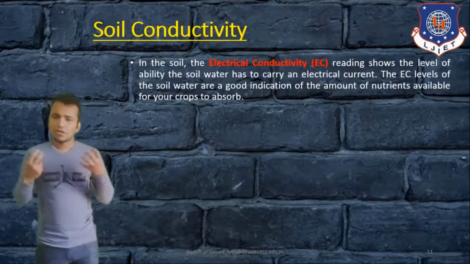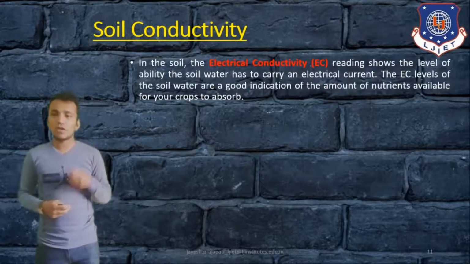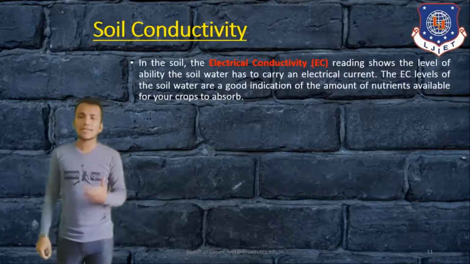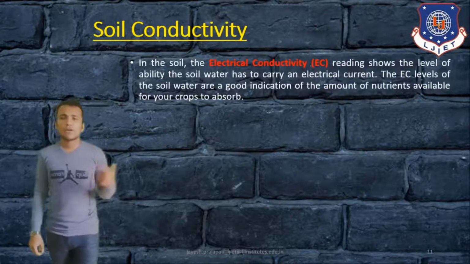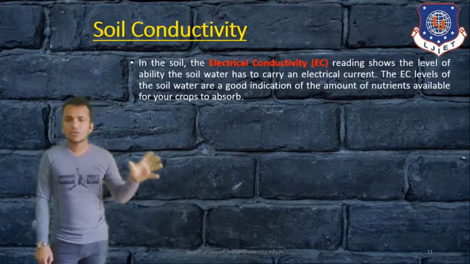Okay, if it has resistivity, then it has conductivity also. Conductivity means the soil water can carry some kind of electrical current. That ability is the soil conductivity, shown by the EC.